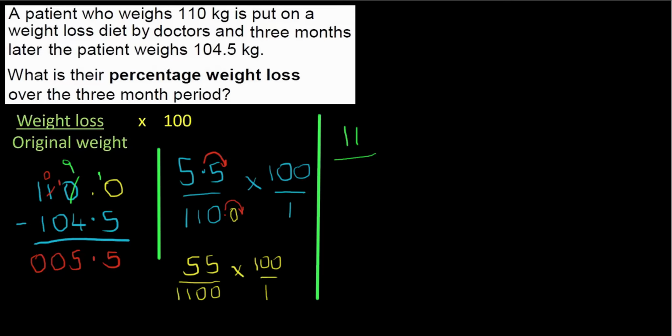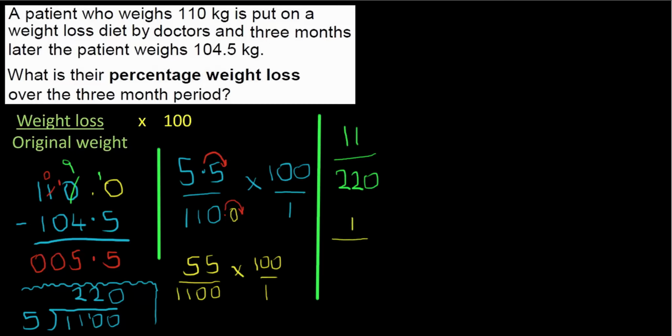Well, that I can't do in my head, so I'll just work it out here. 5 into 1100. 5 into 1 doesn't go. 5 into 11 is 2 remainder 1. 5 into 10 is 2. 5 into 0 is 0. So that 55 over 1100 becomes 11 over 220. And as luck would have it, 11 goes into both top and bottom. So dividing the top by 11 is just 1, and dividing the bottom number by 11 is 20.